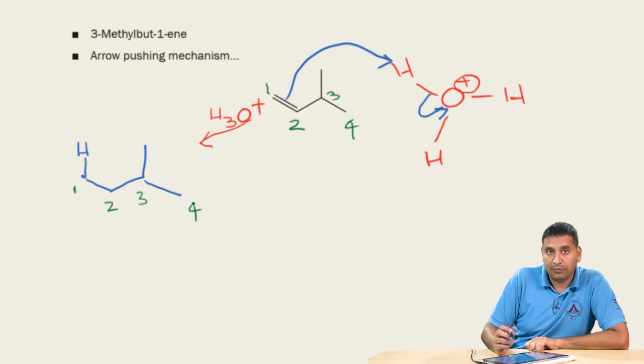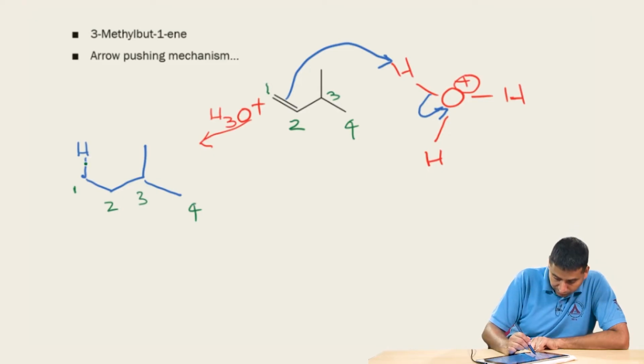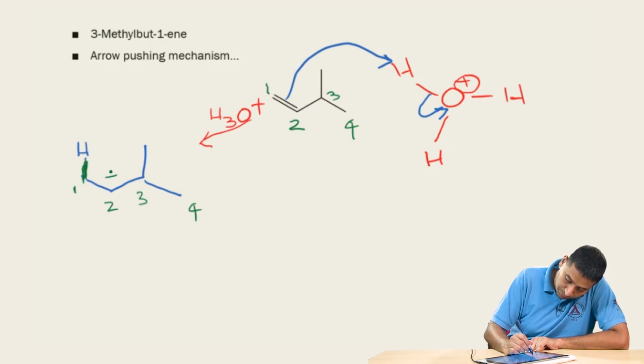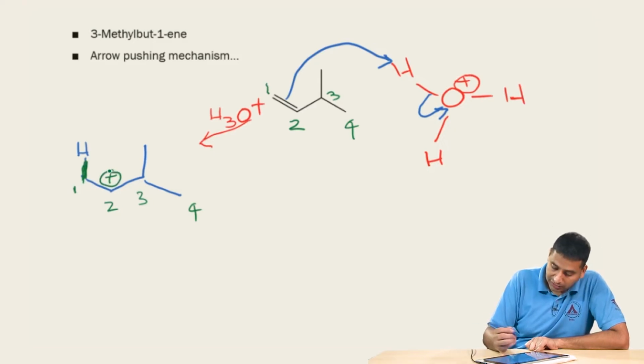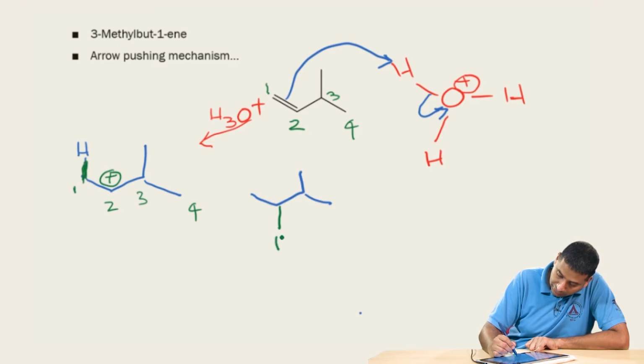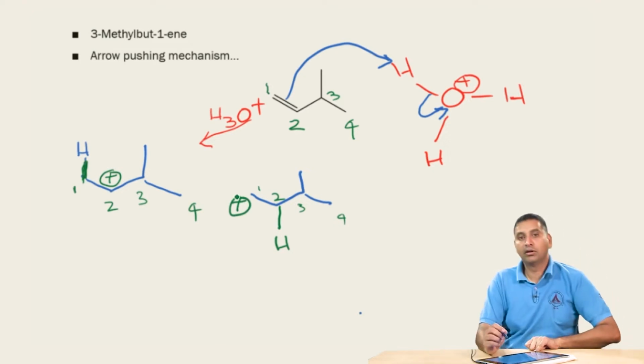So, we have the newly formed bond between carbon and hydrogen over here, and therefore, there must be a positive charge on carbon number 2. This is one possibility, and the other possibility is if we draw the same molecule and there is a new bond between carbon 2 and hydrogen, and in that case, the numbering 1, 2, 3 and 4, there would be a positive charge on carbon number 1.